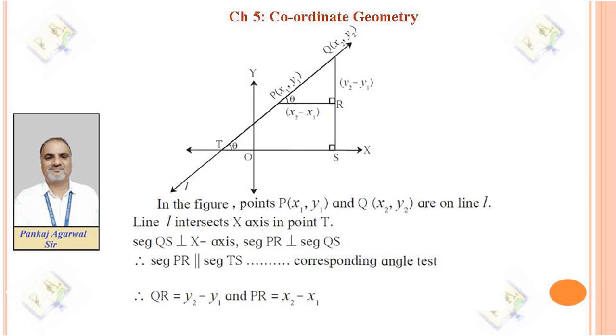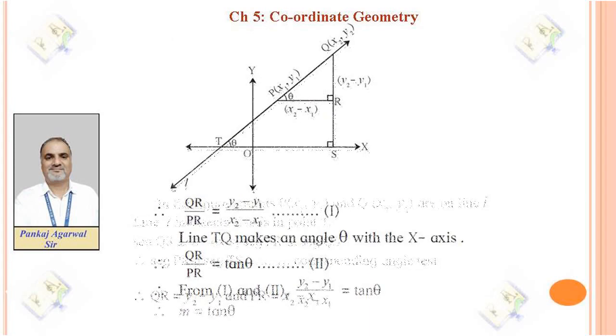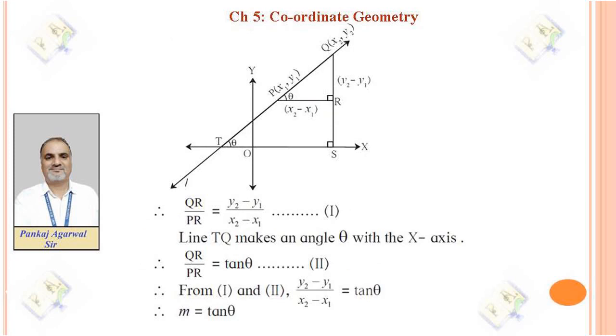We know already from the distance formula that QR is equal to y2 - y1 and PR is equal to x2 - x1. Therefore, the ratio QR upon PR is equal to (y2 - y1) upon (x2 - x1).